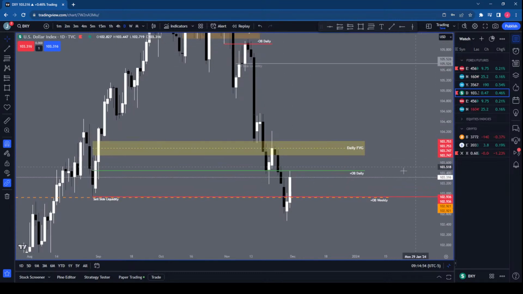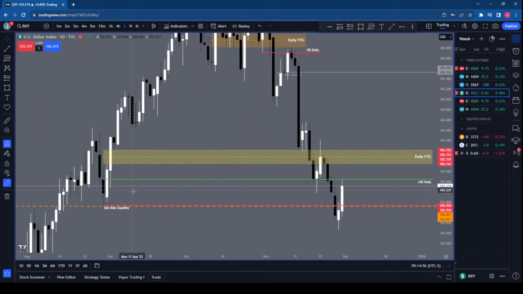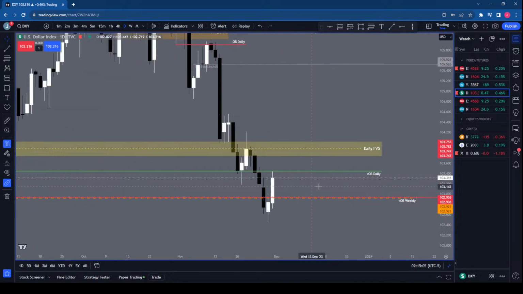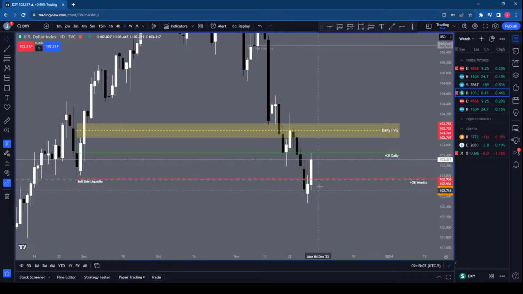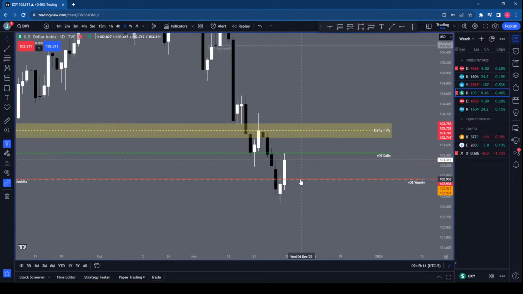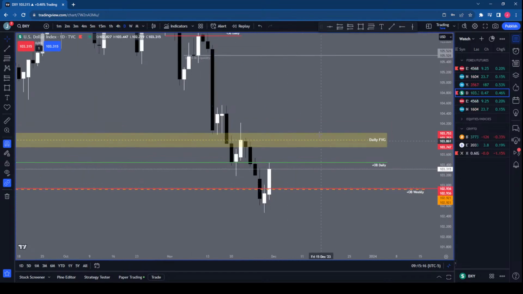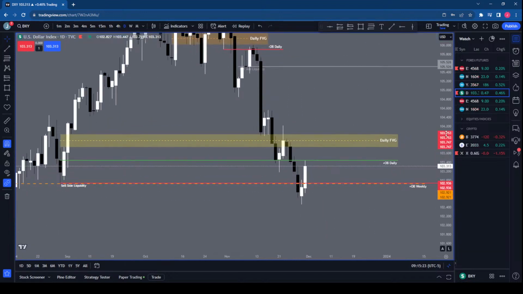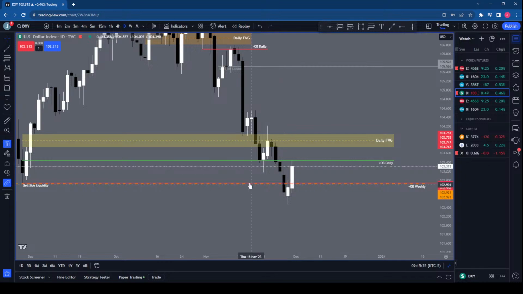So now we're going to want to start watching these levels that we were targeting to the downside, but we want to see if we just disrespect them to the upside.